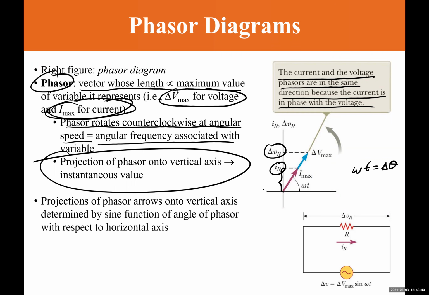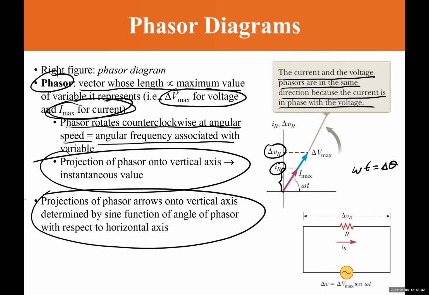So the projection of the phasor arrows onto the vertical axis is determined by the sine function of the angle of the phasor with respect to the horizontal axis. That means you can look at it in terms of projection on the y-axis, which gives you the instantaneous value.